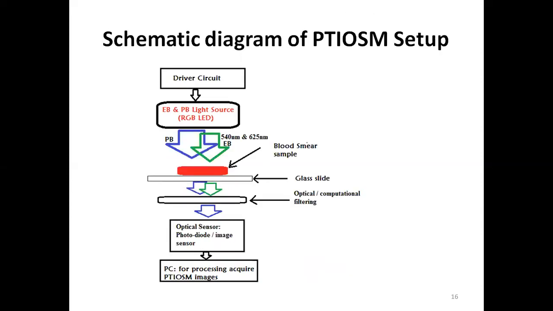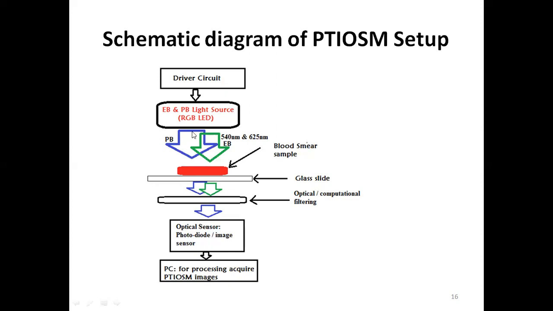So to develop the instrument for acquiring photothermal induced optical scattering modulation signals, we used the shown block diagram where the light source is a light emitting diode that emits 3 distinct wavelengths. The red light, which is at a wavelength of 625 nanometers, green light, which is 540 nanometers, and blue light, which is 460 nanometers.